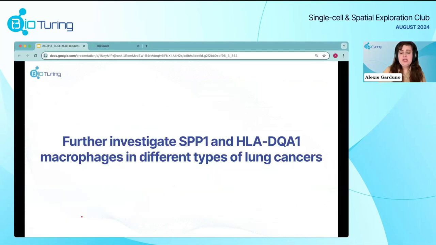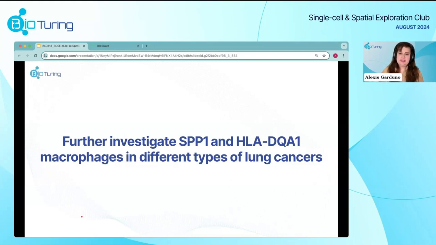Okay. So if we then want to further gather this information and understand other types of findings, how can we further investigate SPP1 and HLA-DQA1 macrophages and how they're different across different types of lung cancers? So again, there are many different lung cancer subtypes that we want to see if there are any other implications that we can gather from this.